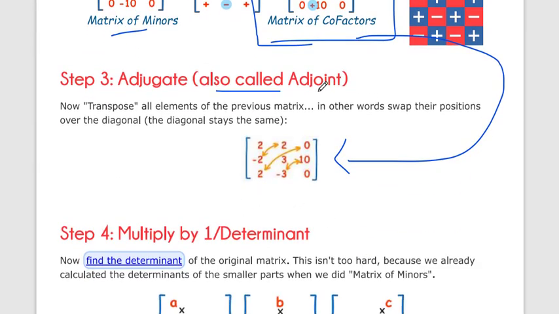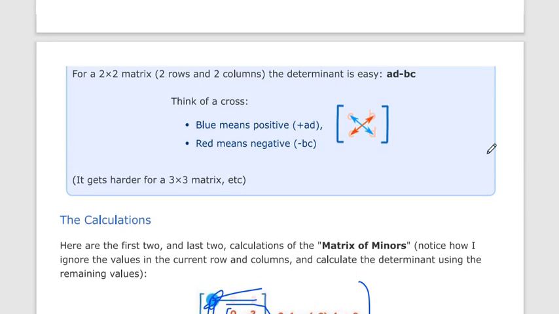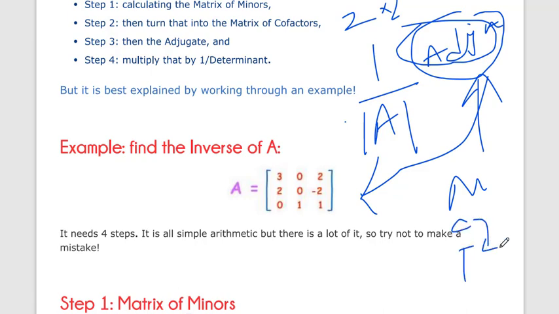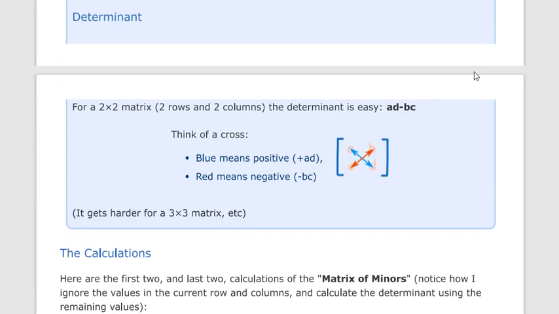So in a 3 by 3 matrix there are 3 steps to find the adjoint: first the minors, then the cofactors, then transpose the cofactor matrix. This is the adjoint of the matrix.